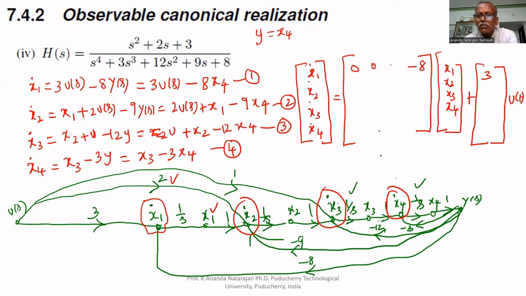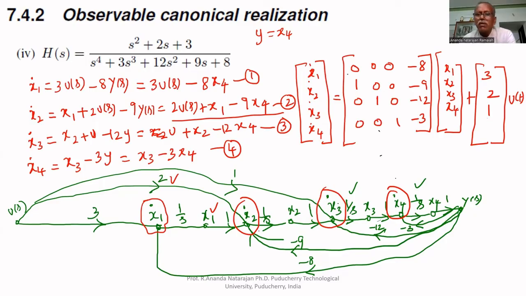All others are 0. Second equation, 2 u of s and x1 is 1, x4 is minus 9. All others are 0. Third equation, 1 u of s and x2 is 1 and x4 is minus 12. All others are 0. And the final equation, x3 is 1 and x4 is minus 3. All others are 0. That's all.